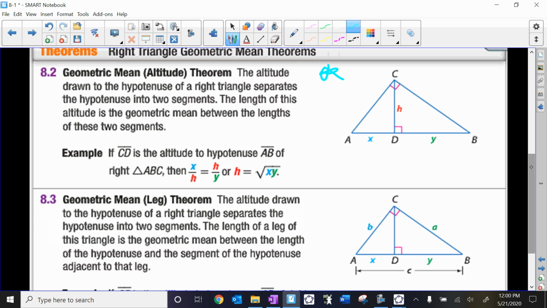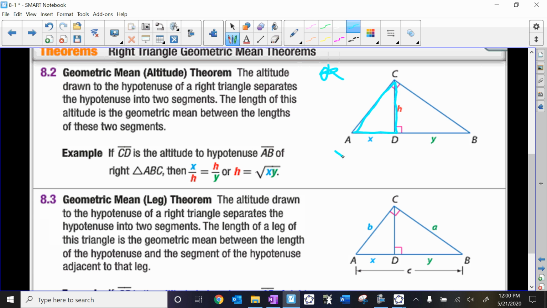So really, since all these triangles are similar, we can create proportions out of this. So that's what we're going to do. I'm going to create a proportion that deals with x, h, and y. So if I look at this triangle right here, it looks like x is smaller than h on this triangle.